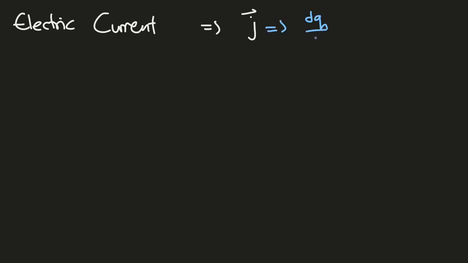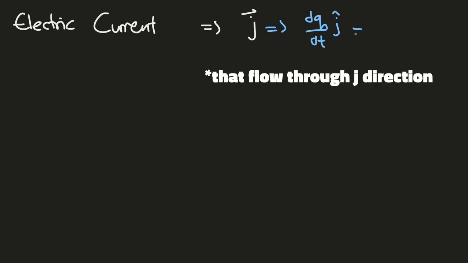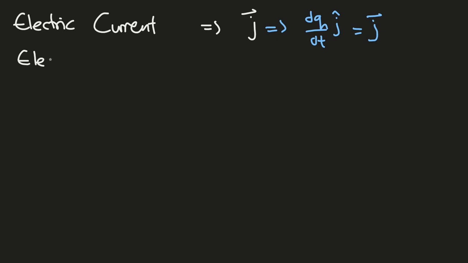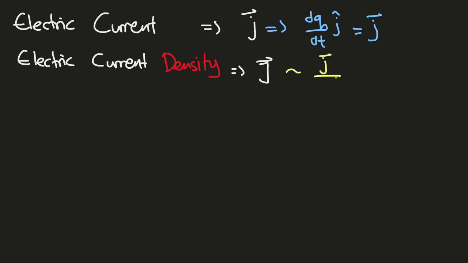To answer this question, first we must define the electric current concept related to the J vector here, which is the derivative of charge with direction J hat. The next one is electric current again but with density, which I denote J capital, related to J over A, the density in one direction.